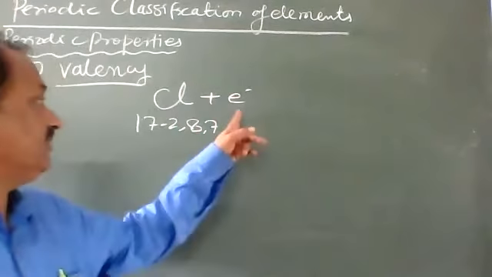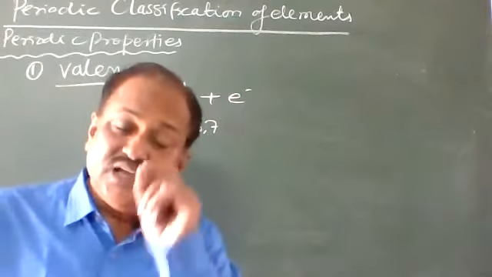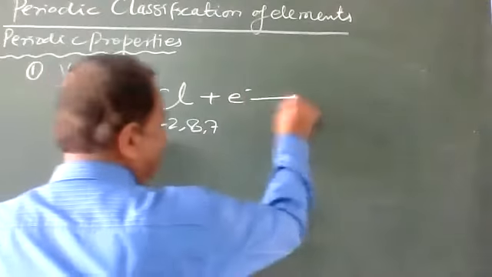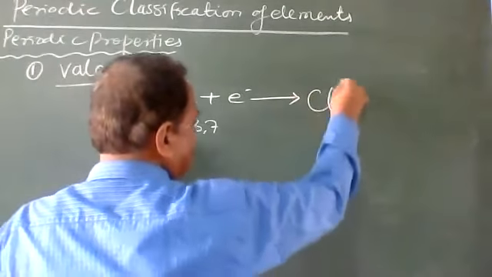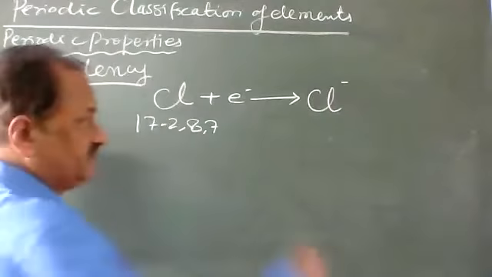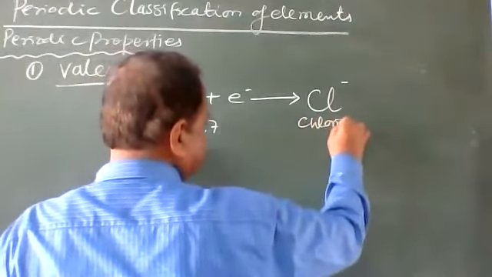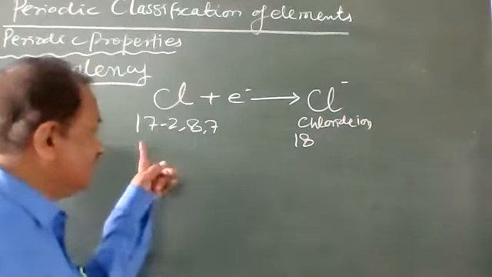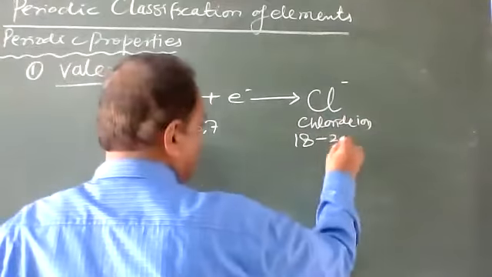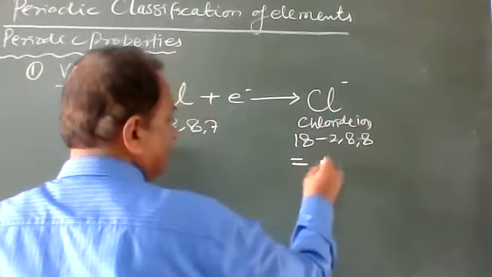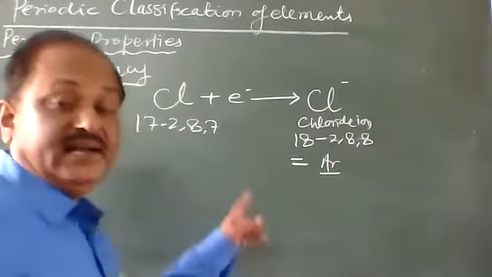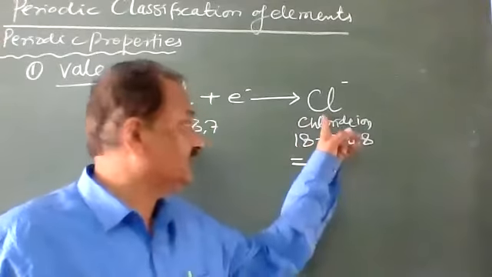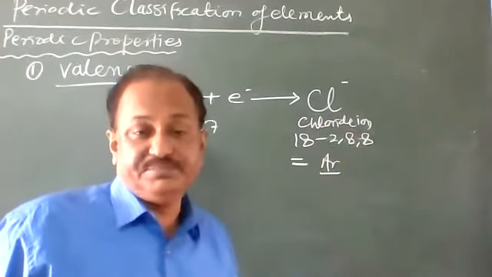It is better for chlorine to gain 1 electron and acquire the nearest noble gas configuration. So chlorine will gain and form the chloride ion. Atomic number 17 will become 18, so 2, 8 and 8, equal to argon. We say that it has acquired the nearest noble gas configuration, equal to argon.